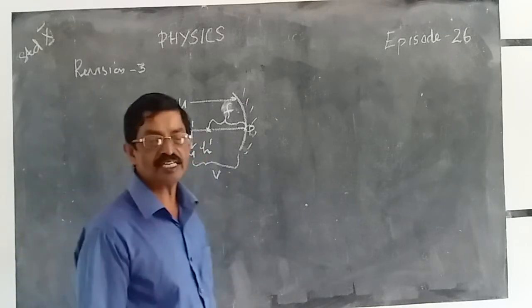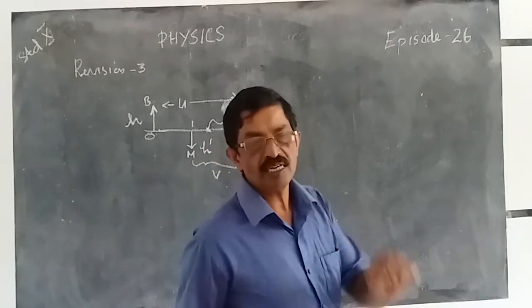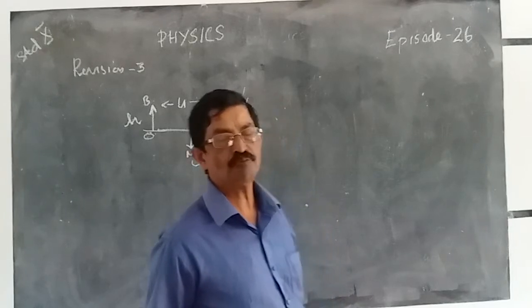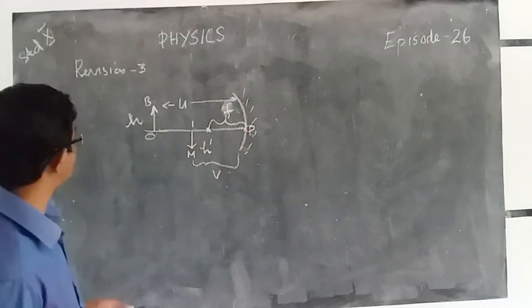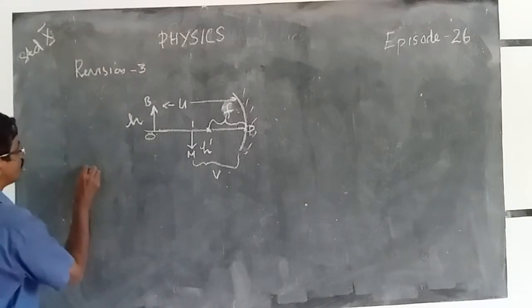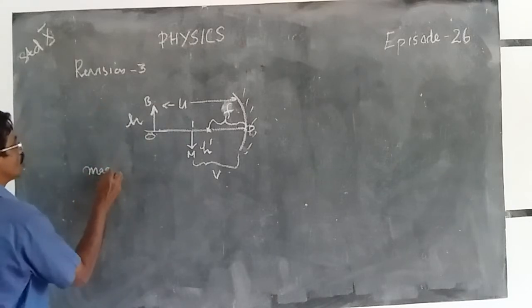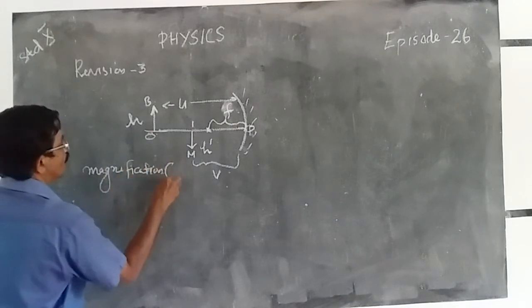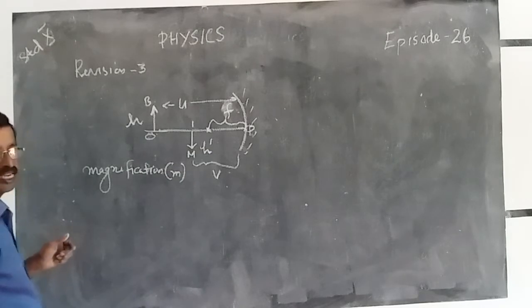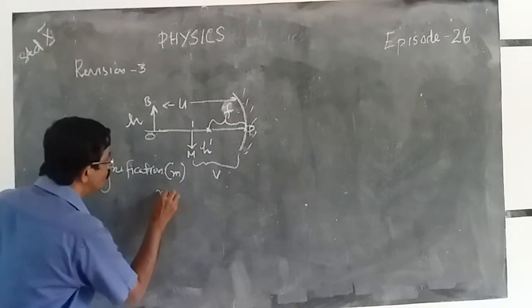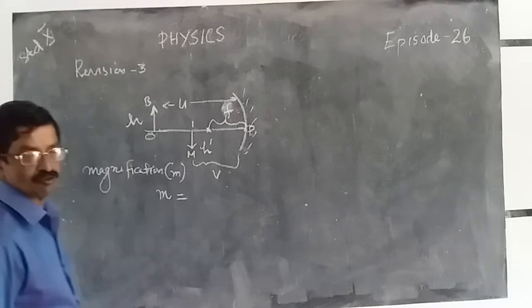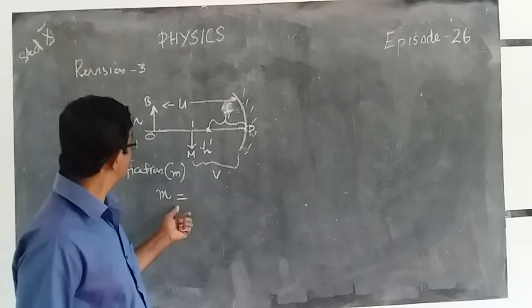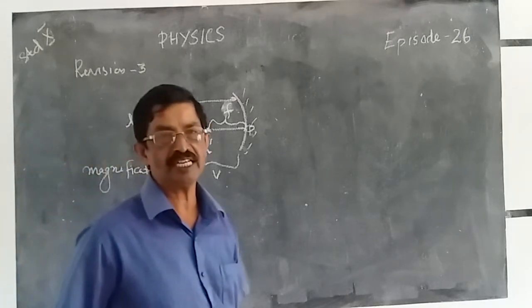A relation connecting the height of the image to the height of the object is termed a new quantity that you can remember, which is magnification, and we represent it with the letter M. Magnification M is equal to, which ratio do we consider here?